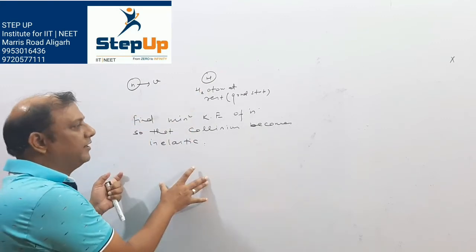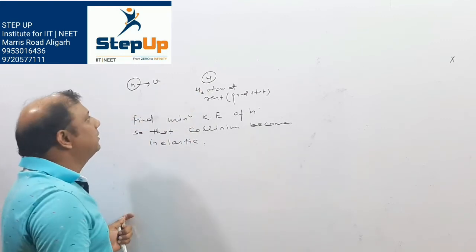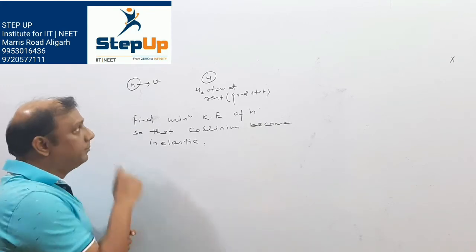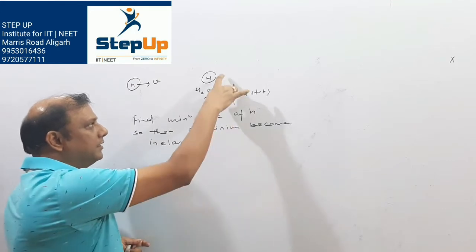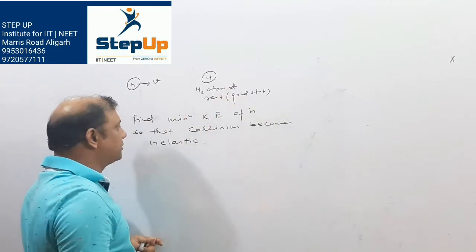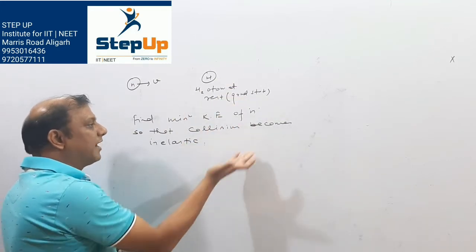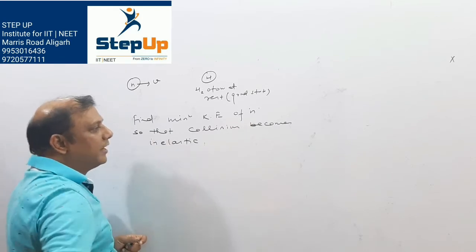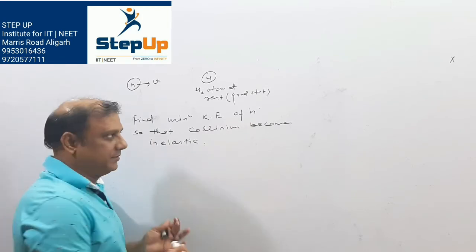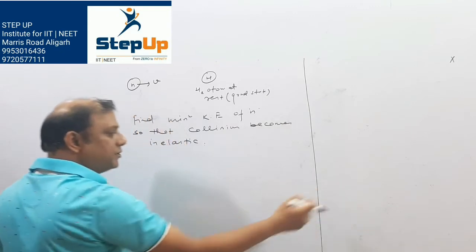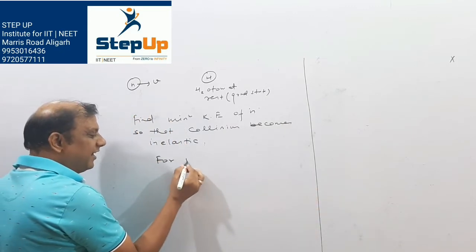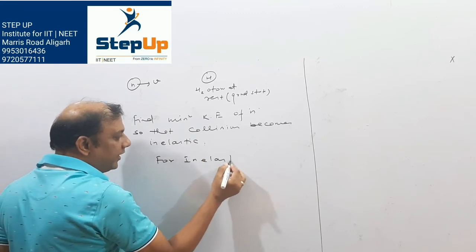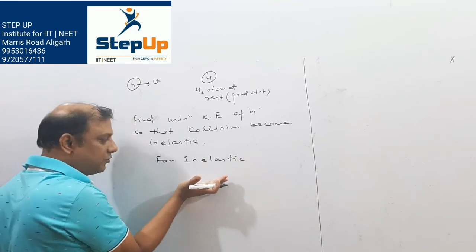Now, with the help of one example, it would be much clearer. In this problem, here it is a neutron moving with some speed v, and here it is a hydrogen atom at rest, in ground state. You have to find out the minimum kinetic energy of the neutron so that the collision becomes inelastic. As I told you, for inelastic collision it could be perfectly inelastic also.